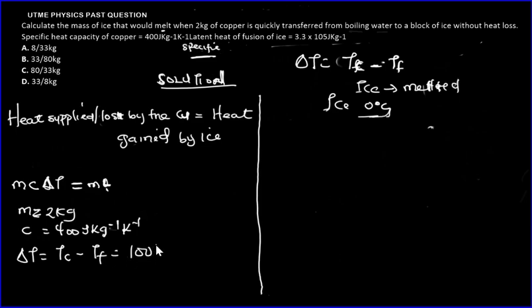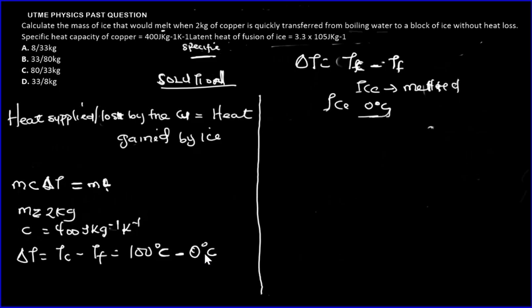The initial temperature of copper is 100 degrees Celsius because it's from boiling water. Water boils at 100 degrees Celsius. And the final temperature of the mixture will be 0 degrees Celsius because there's no change of temperature really. The ice absorbed all the heat just to melt it.